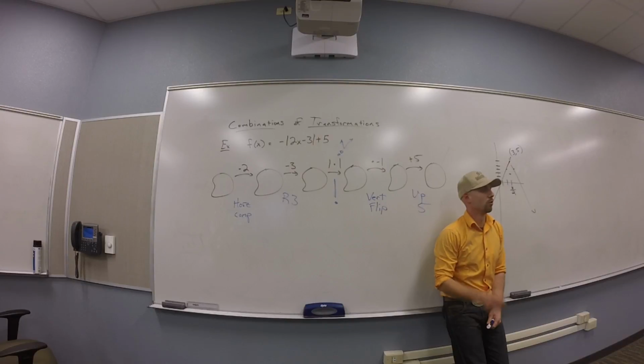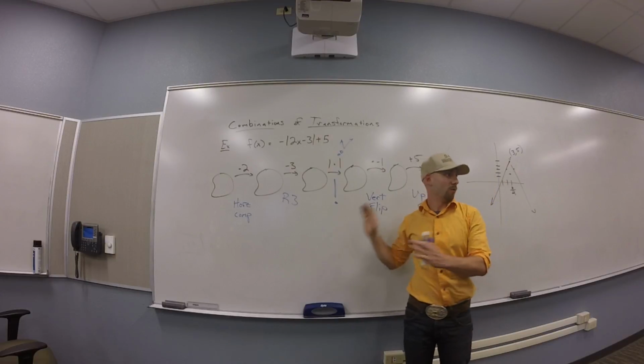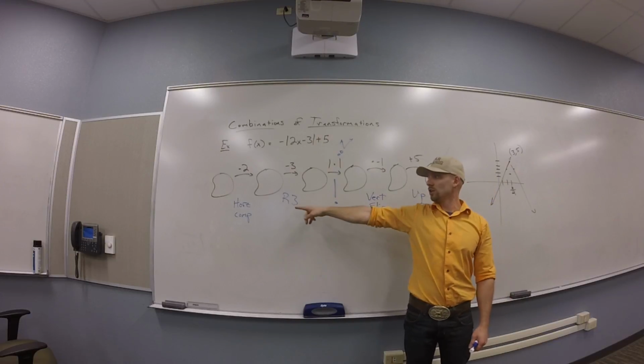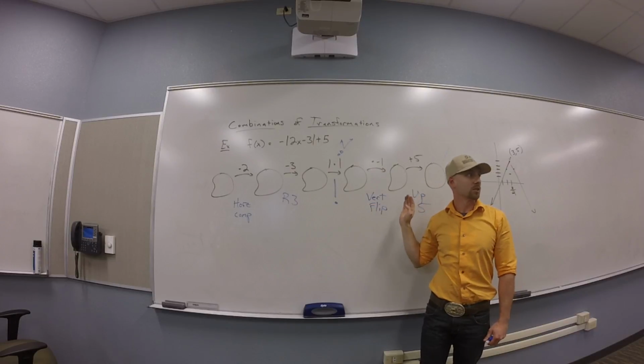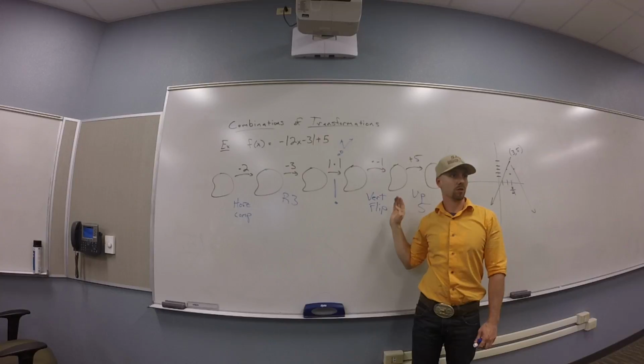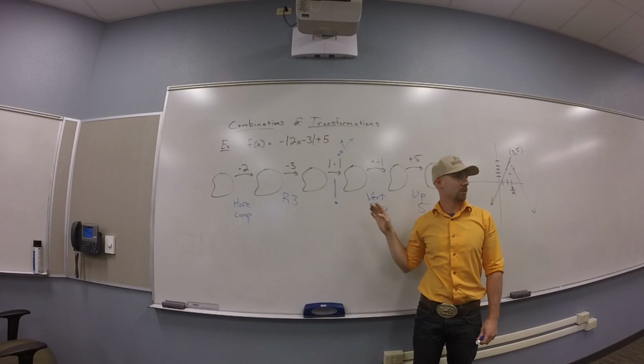Cool. So with these ones, you have to be super, super careful. You have to go from the rule out. I would do the horizontal stuff first, and then do the vertical stuff afterwards. You guys cool? Does everybody understand what happened there?